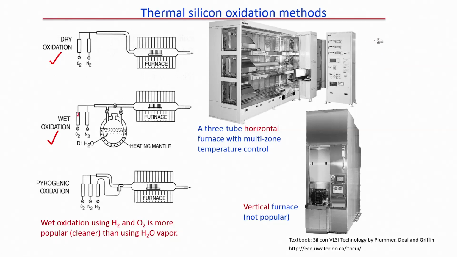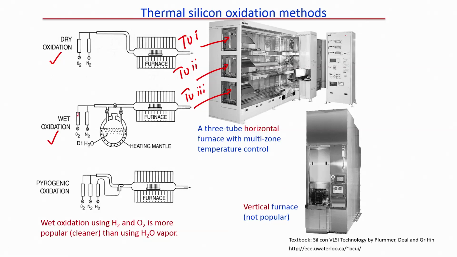Now, in the horizontal tube furnace there are 3 zones, a 3 tube horizontal furnace with multi zone temperature control. See tube 1, tube 2, tube 3. We will see this in the next slide.